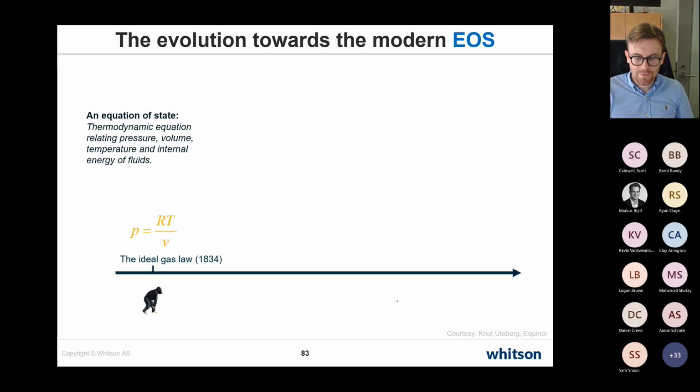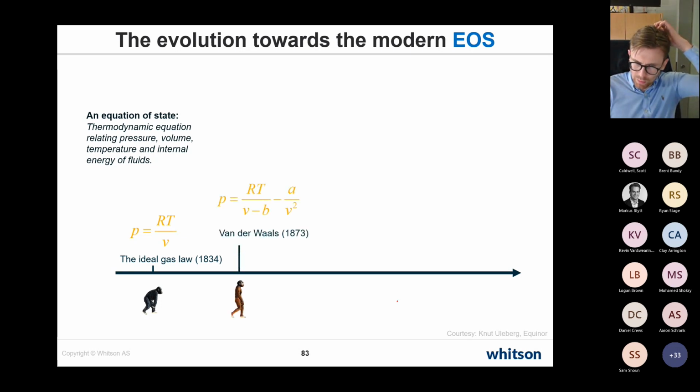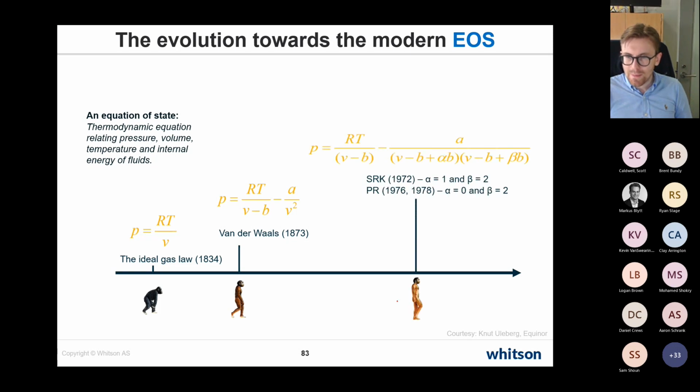And a few years later, we had this guy called van der Waals. I think he won the Nobel Prize in Chemistry for this equation, the van der Waals equation. And that was just a little bit more advanced version of the ideal gas law. Then around 100 years later, in the 1970s, we developed basically oil and gas specific versions of this van der Waals equation that we refer to as SRK or the Peng-Robinson equation of state.